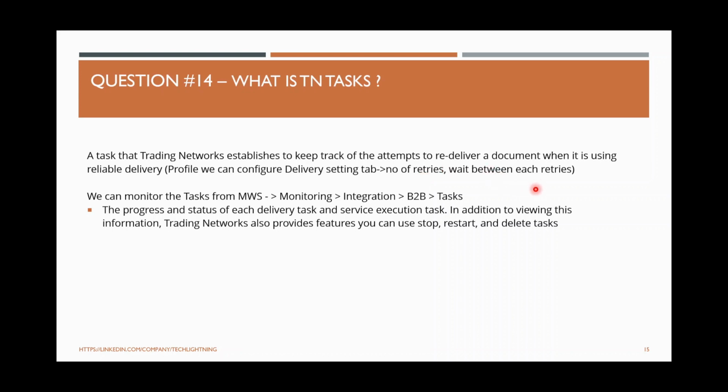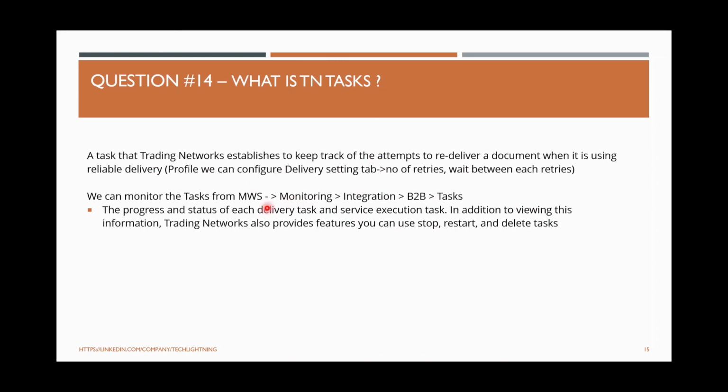If you configure anything in that profile, then based on that reliable delivery configuration, it will store it in your TN database. Whenever there is a failure, it will store it in your TN database, and from there, in the TN task page, you can resubmit it, or redeliver it to your trading partners.